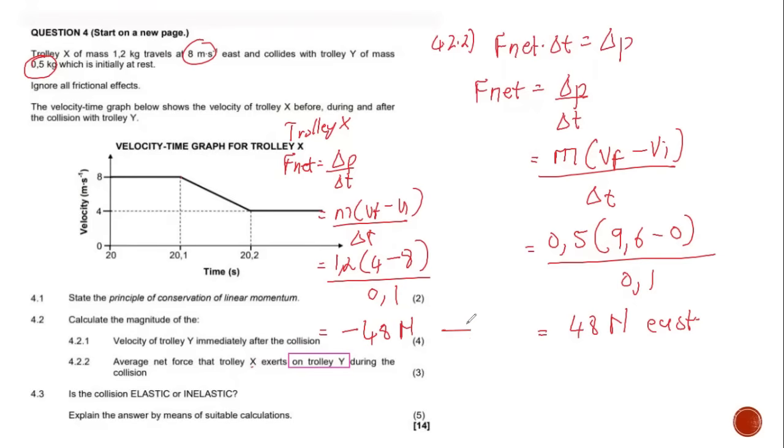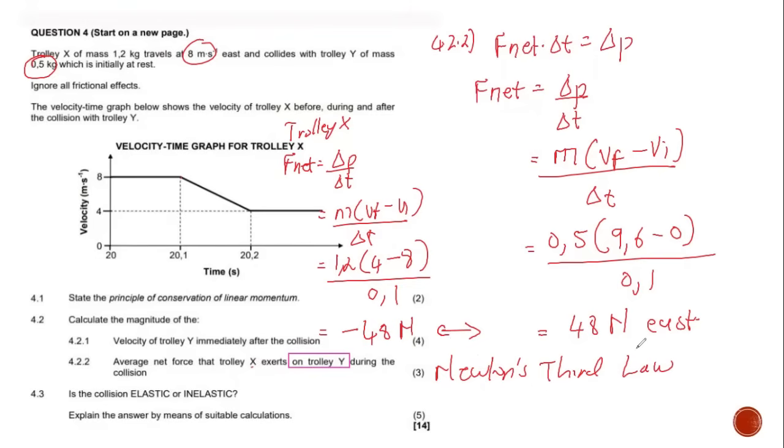Now, why are they equal? This is based on Newton's third law, right? The reason they are equal is based on Newton's third law. Now, what does Newton's third law state? It states that when object A exerts a force on object B, object B will simultaneously exert a force of the same magnitude, but in an opposite direction.